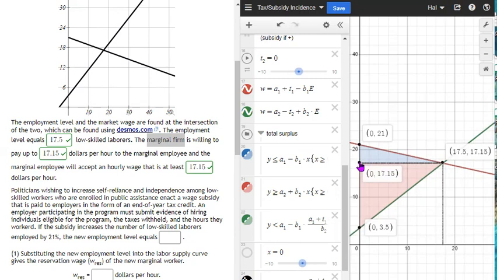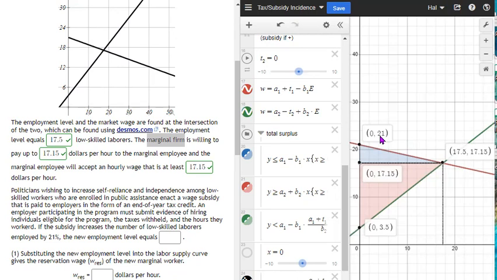That first worker hired only has to be paid $17.15, but the firm would have been willing to pay that person $21. So the firm derives almost $4 in firm surplus from hiring that first worker, because they would be willing to pay up to $21, but only have to pay $17.15.